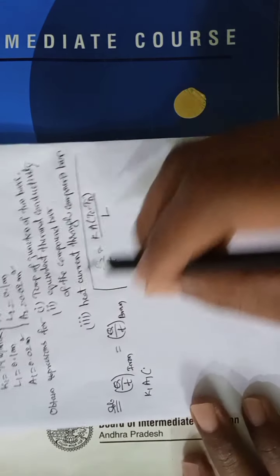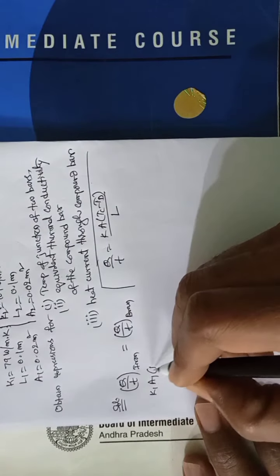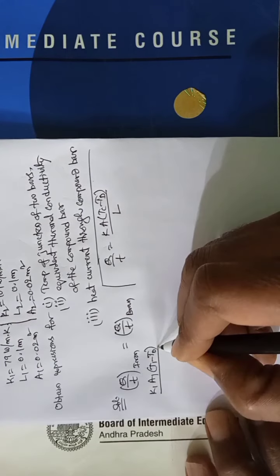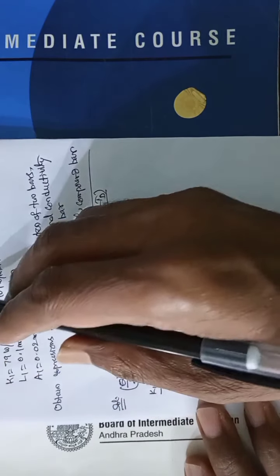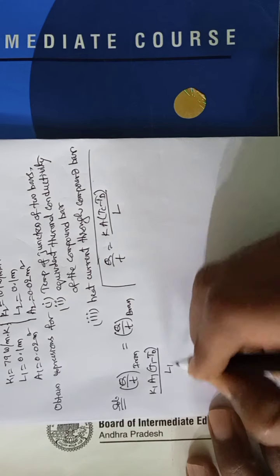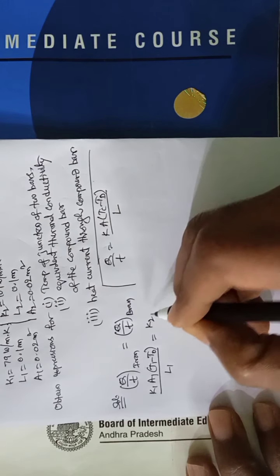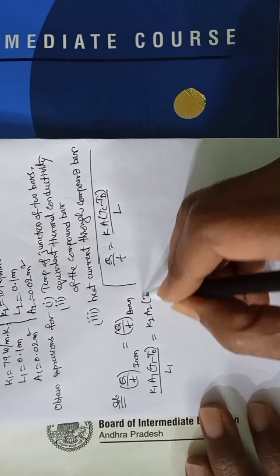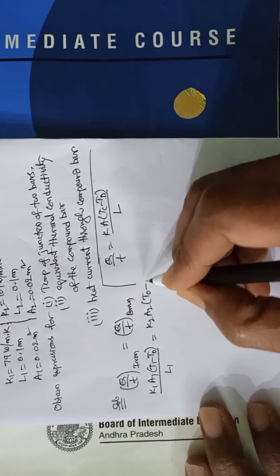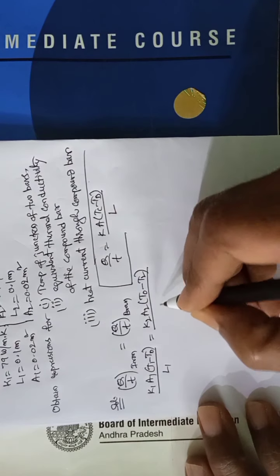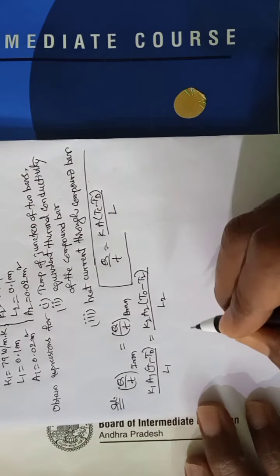left end temperature T1, right end temperature T0, divided by length L1, is equal to K2, A2, left end temperature T0, right end temperature T2, divided by L2.